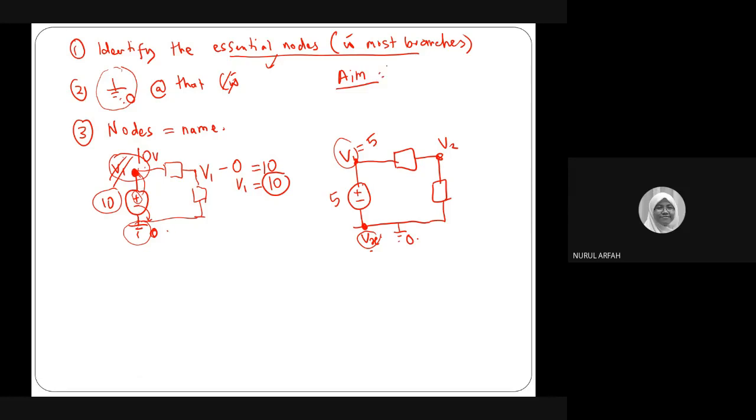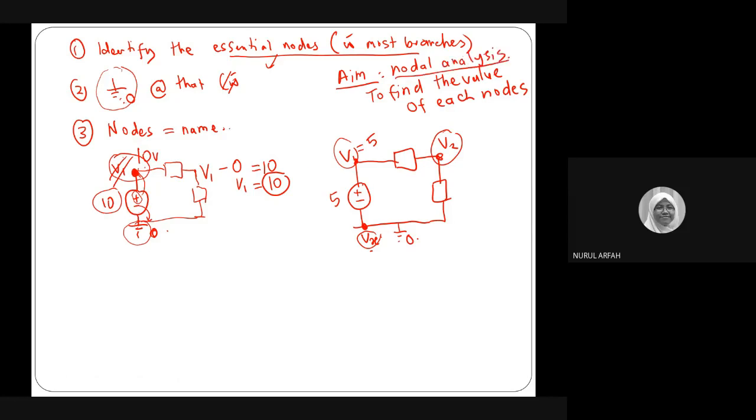The aim is to find the value of each node. This is your aim using nodal analysis.